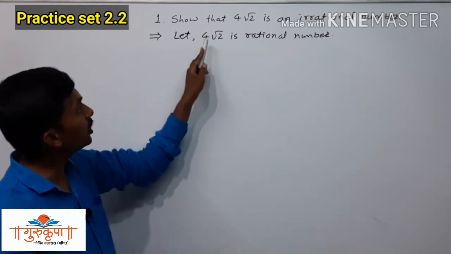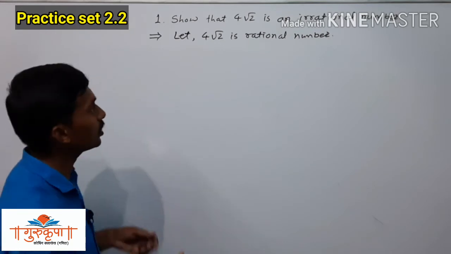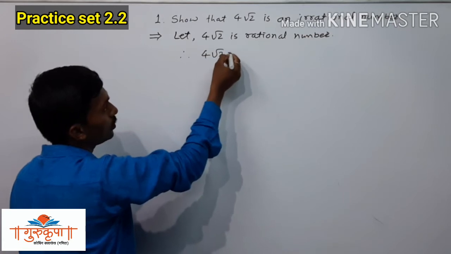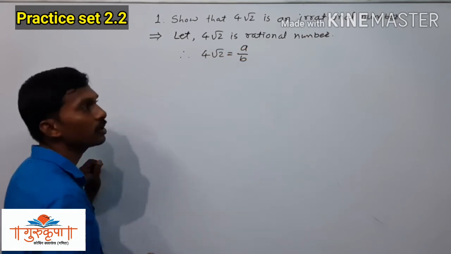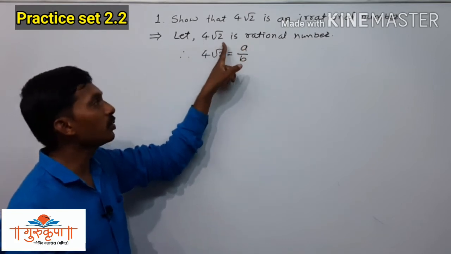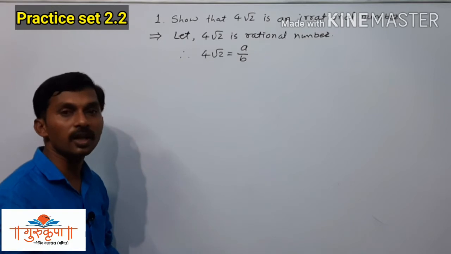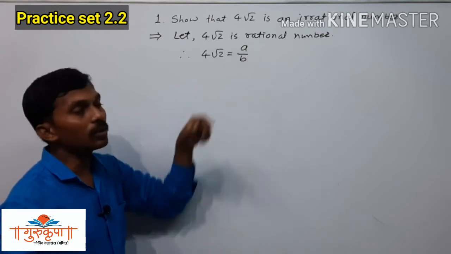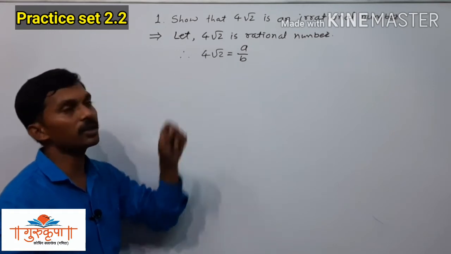So here, therefore, 4 root 2 is equal to a upon b. Since it is a rational number, that is our assumption, we represent it in the form a upon b, where a and b have only one common factor, that is 1. They do not have any other common factor.